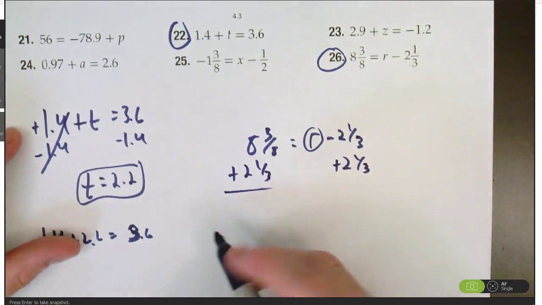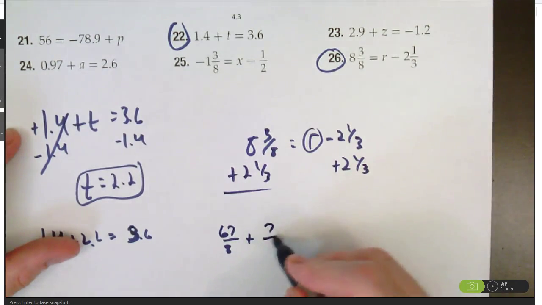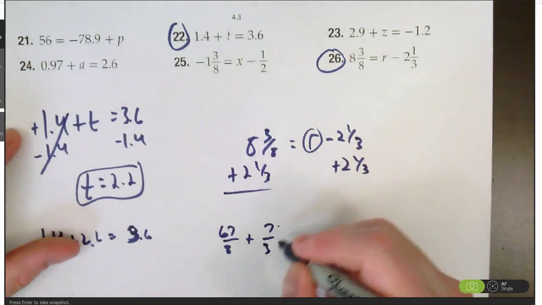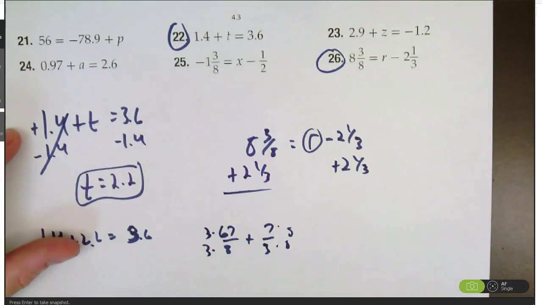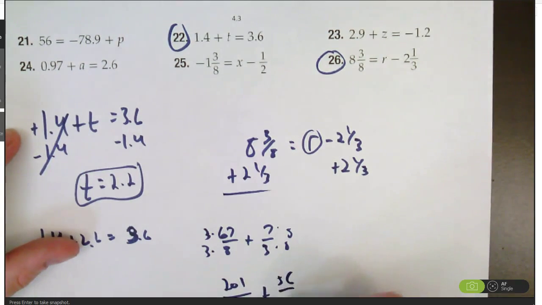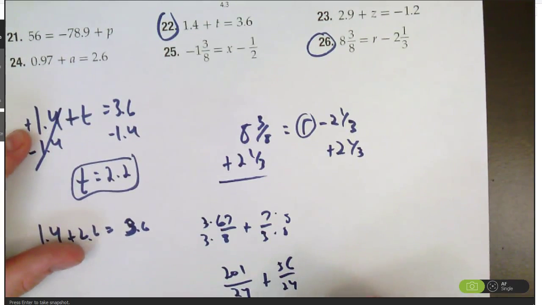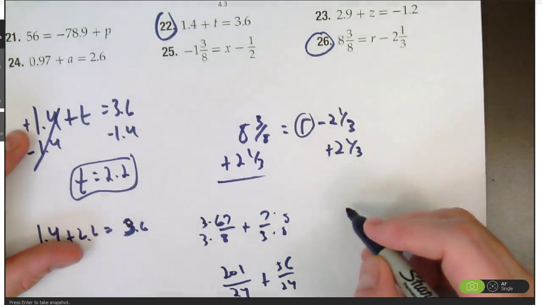So 8 3/8 is going to be 67 over 8, plus 7 over 3. I can multiply this by 8 over 8 and this by 3 over 3 to get 24ths. So 201 over 24 plus 56 over 24. That gives me 257 over 24, and that doesn't break down any, so that's just r.